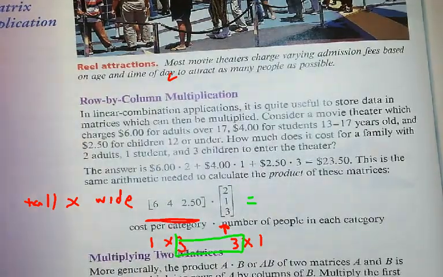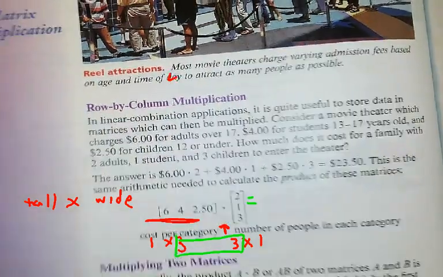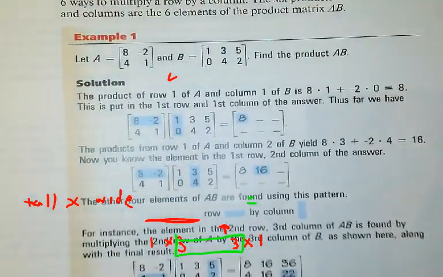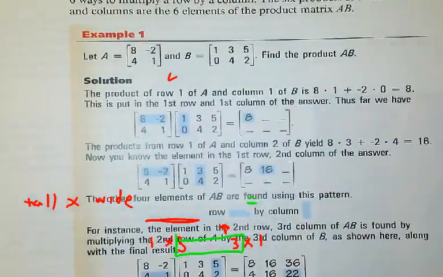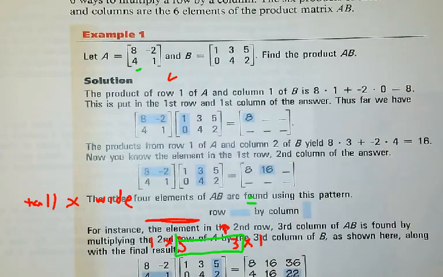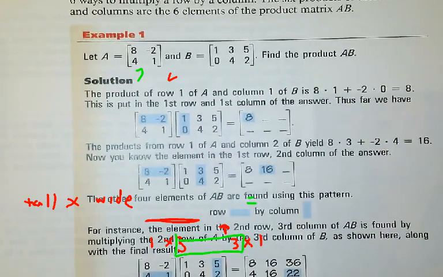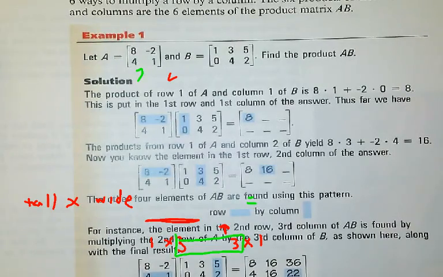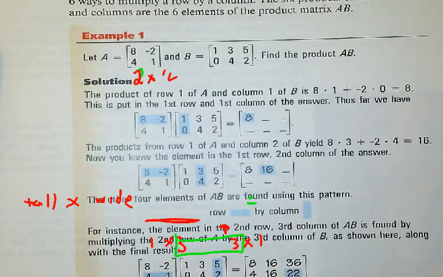So let's look at this one. You can see that this matrix is a, whoops, wrong color, this matrix is a 2 by 2 matrix, right?